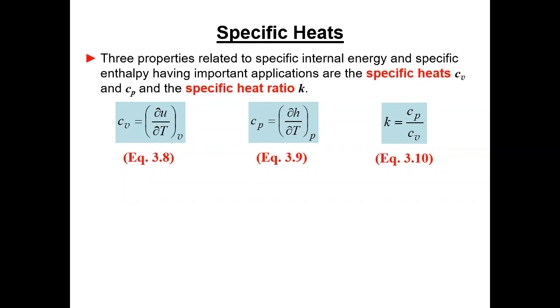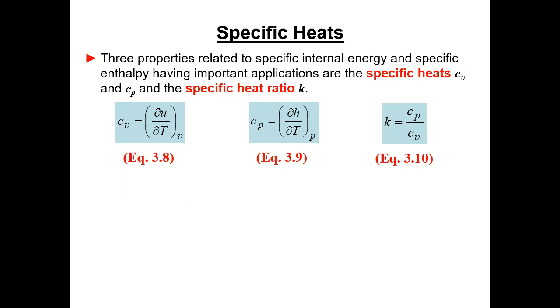And this is a physical property or a characteristic of that substance that lets us put hard numbers to it and figure out how much that internal energy changed as a function of the increase or decrease in temperature. So the practical applications of these are wide ranging, and once you get used to them, they're really very, very easy and friendly and helpful to have around.